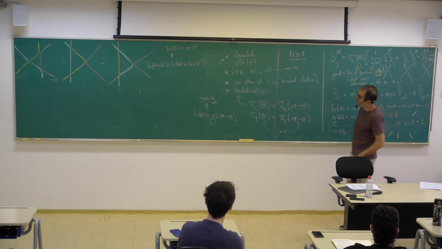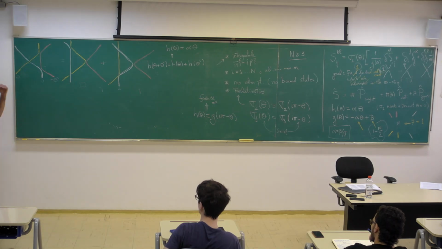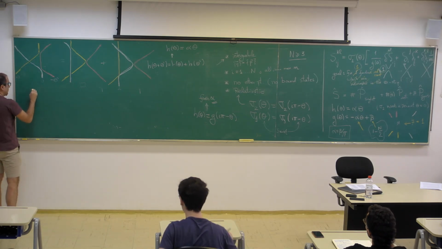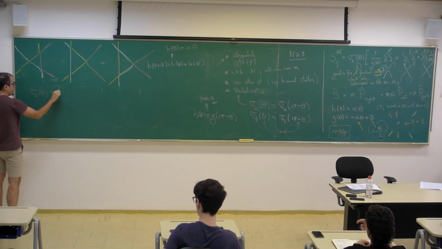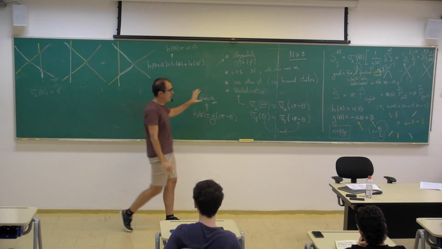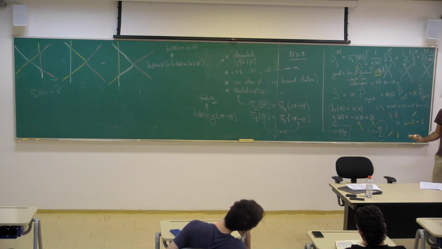And now, finally, we just need to find sigma 2 of theta. But at this point, let me emphasize how remarkable it is what we did already. Imagine you are doing a scattering experiment at some energy, divided by another scattering experiment at the same energy.